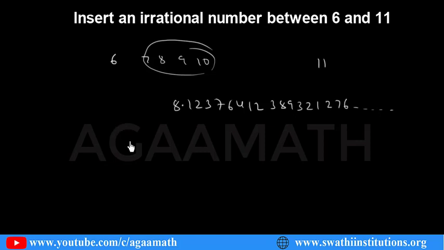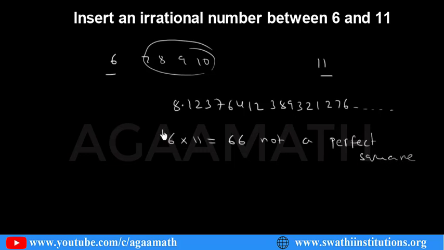But we can also get one more method. We know that 6 and 11 are positive rational numbers. Remember that if the given two rational numbers are positive and their product is not a perfect square, meaning 6 into 11, let us check, 66, which is not a perfect square.